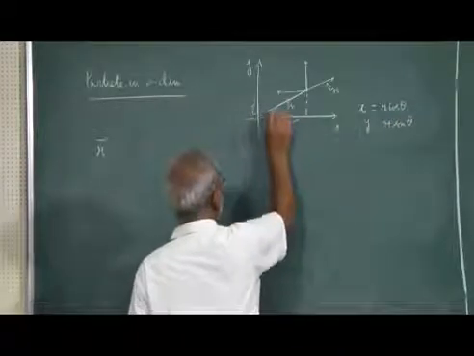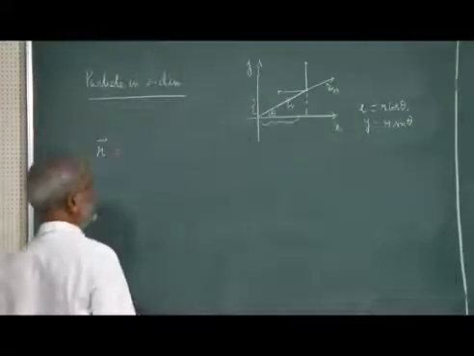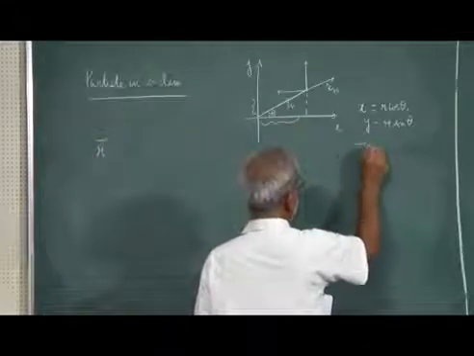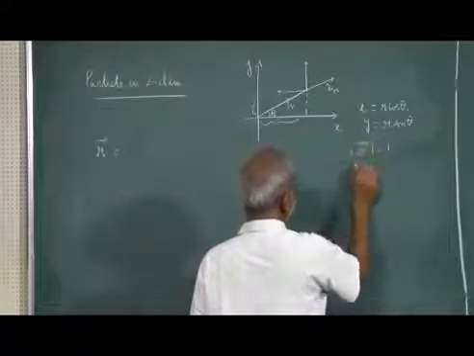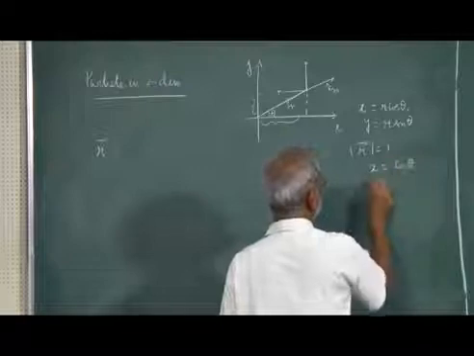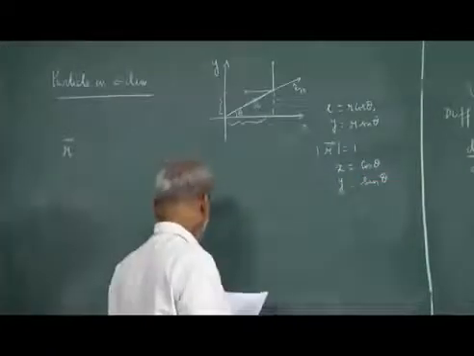This is the theta direction, cos theta, sin theta, it is fairly simple. Now if I consider the magnitude of this vector to be 1, simply I have x is equal to cos theta, y is equal to sin theta, that is it.